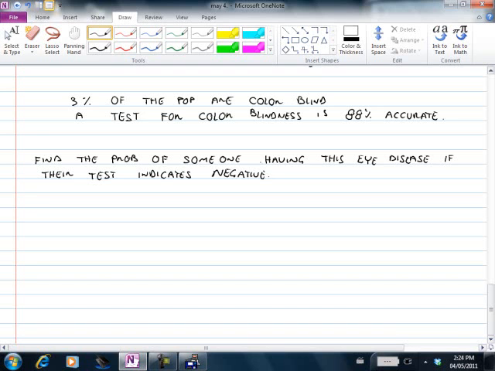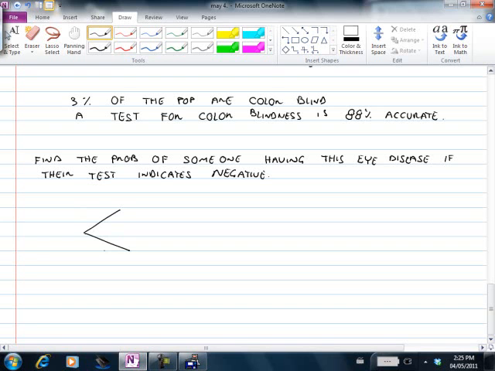So here's an example of a question. It says, find the probability of someone having the eye disease if their test indicates negative. Like I said, you don't see the words given that, but you should be able to follow the example of what I did. And if you need a hint, guys, you should have 2 branches right off the bat.